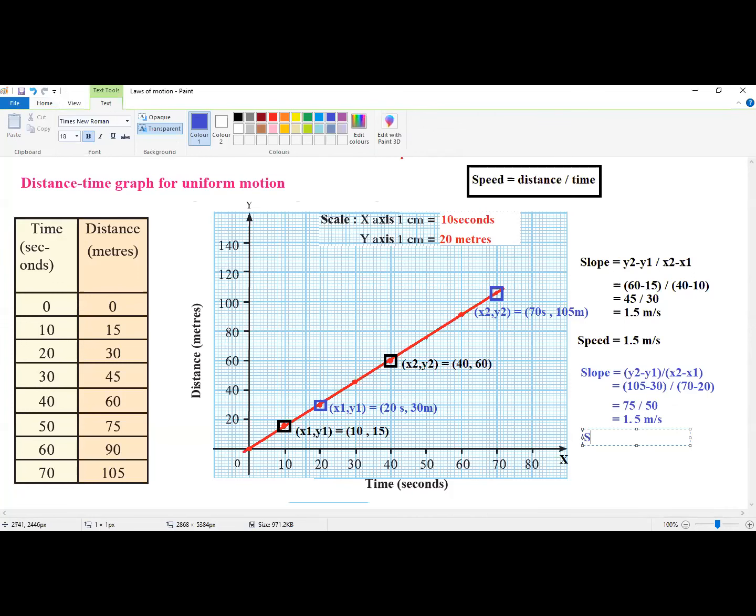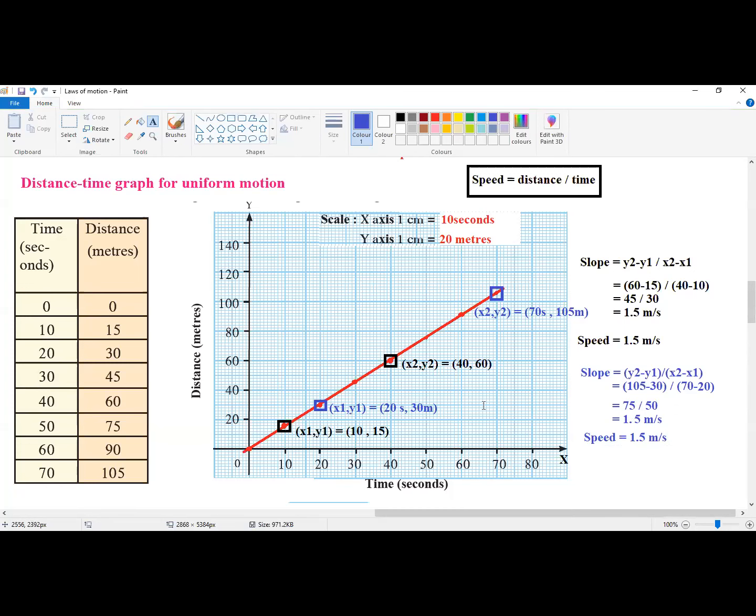Speed is the same again. You got the speed which is equal to 1.5 meters per second, which is the same. So that means, what we concluded, an object is performing uniform linear motion.